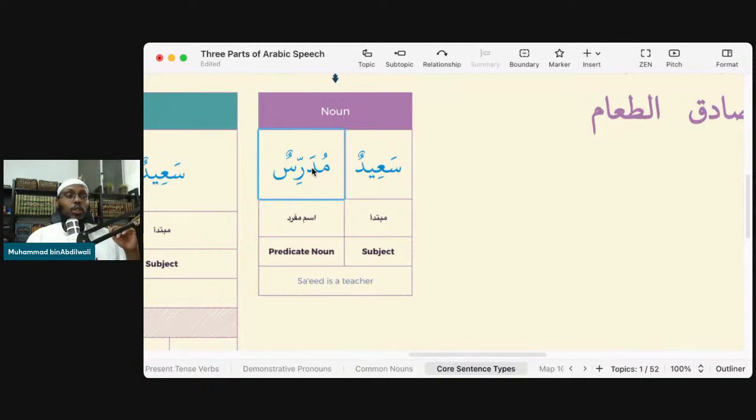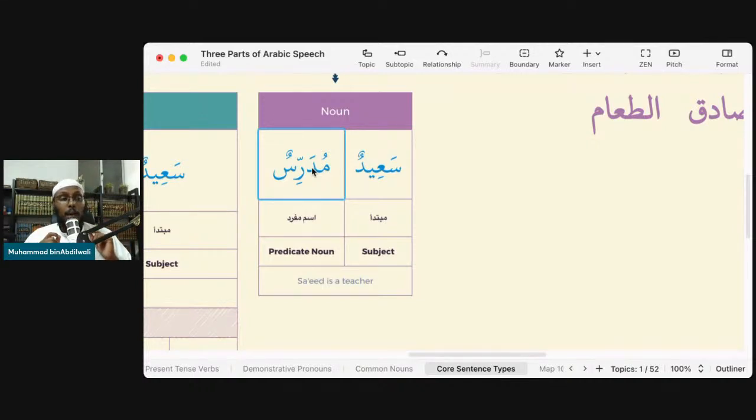If you can have a sentence that consists of two nouns, Sa'id and al-mudarris, there has to be a difference between the two nouns so that you know which one is the subject and which one is the khabar. Because if we had Sa'idun al-mudarris and changed the order to al-mudarris Sa'idun, which we're entitled to do in Arabic, the whole meaning would change. It would mean the teacher is happy, as opposed to Sa'id is a teacher.